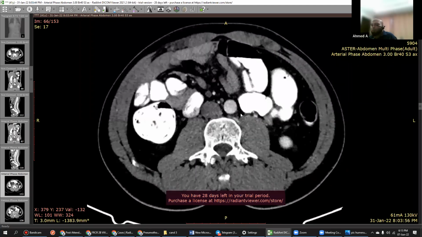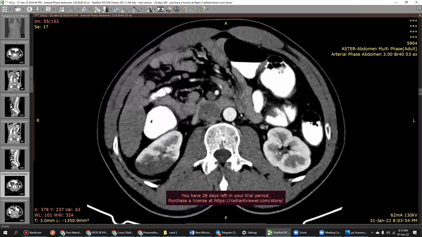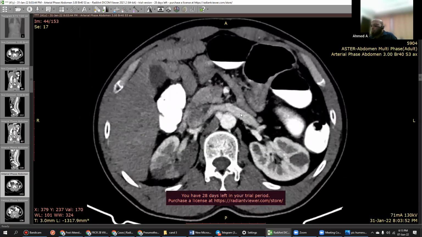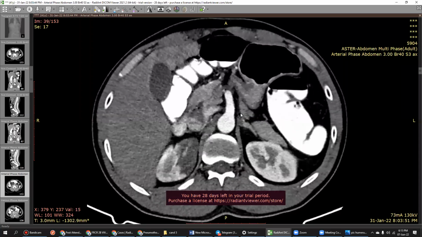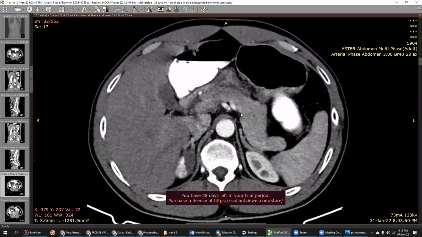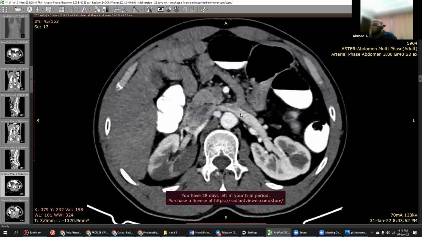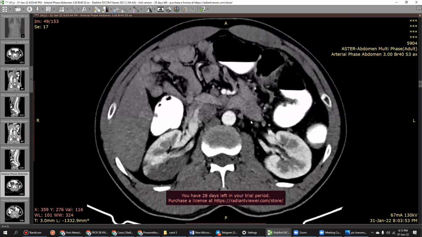Where is the cortical rim? Just a second, I go back. What is a cortical rim? The cortical rim is the enhancing area under the capsule. It is here, I think.